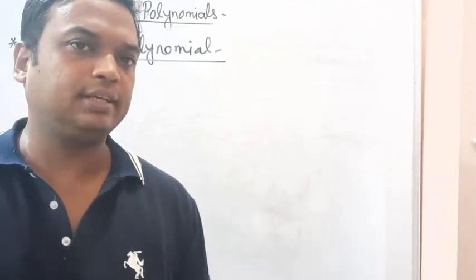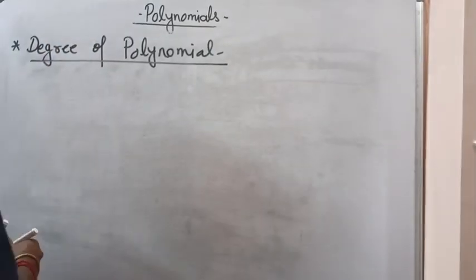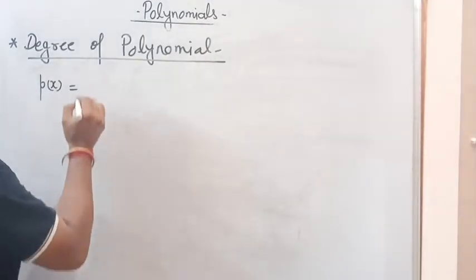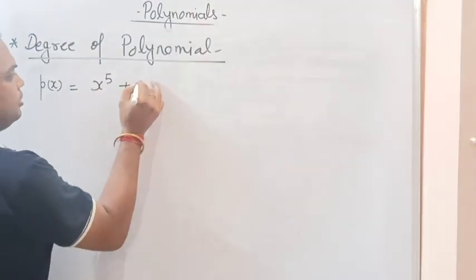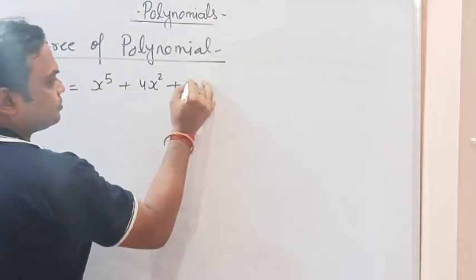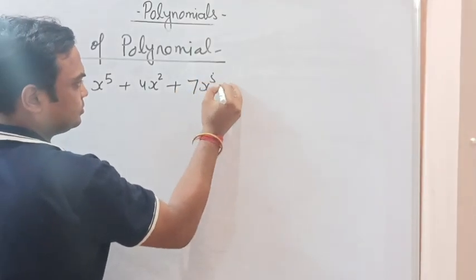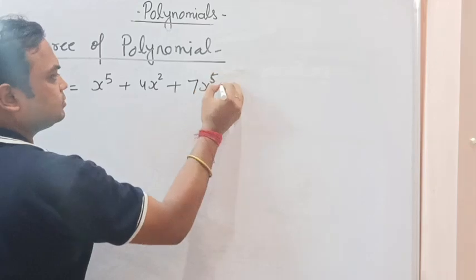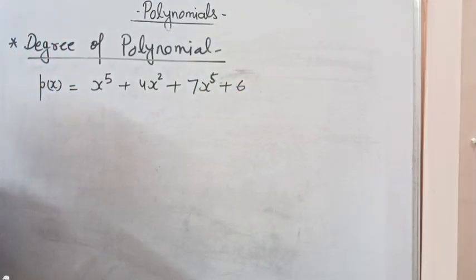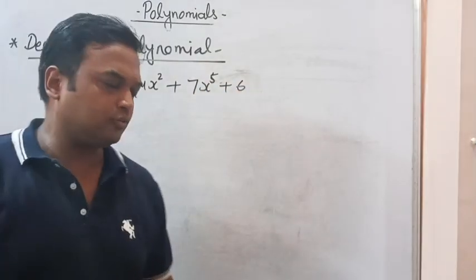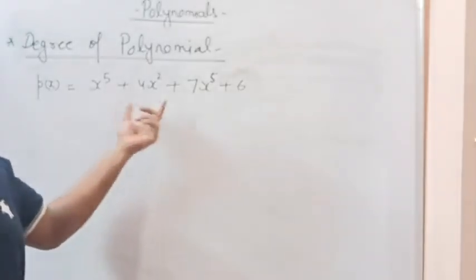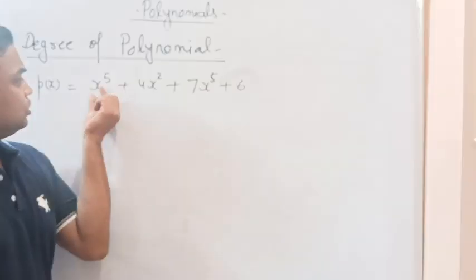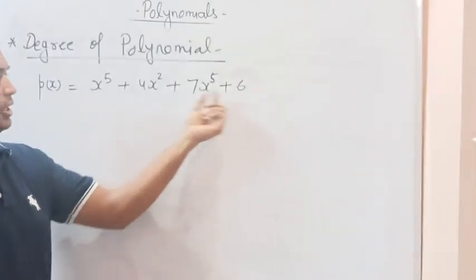Then we can say what is the degree of the polynomial. Okay, so if we want to determine the degree of any given polynomial, then we will see first of all the variable. So the variable is x. The value of x is not constant, it may change for other functions. So here variable is x, 6 is the constant term.